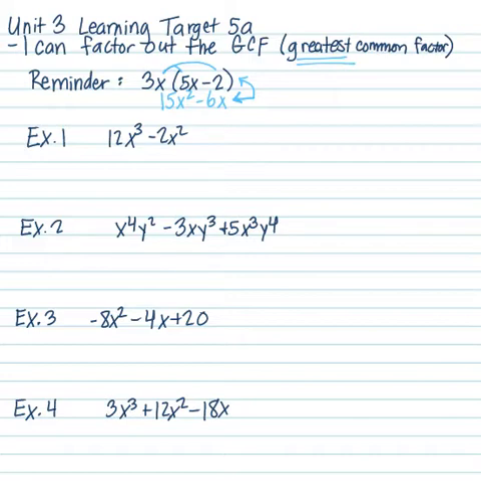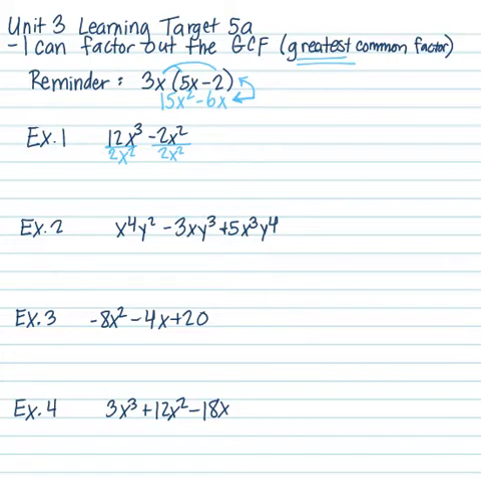So looking at each of these pieces, looking at our numbers first, the greatest common factor, what goes into both 12 and 2? Well, 2 goes into both 12 and 2. Then looking at our x's, the first term has 3 x's, the second term has 2 x's. So together they both have at least 2 x's. So we can take out x squared.